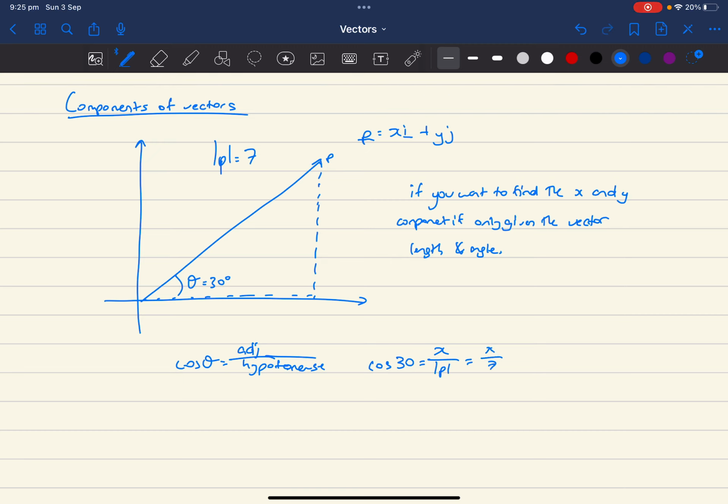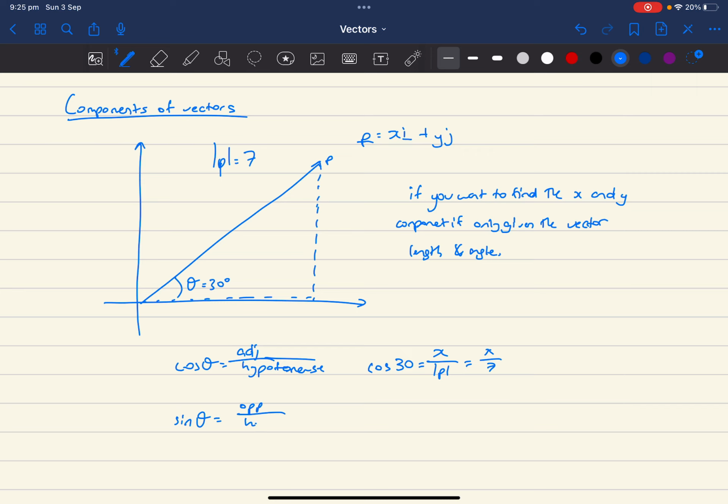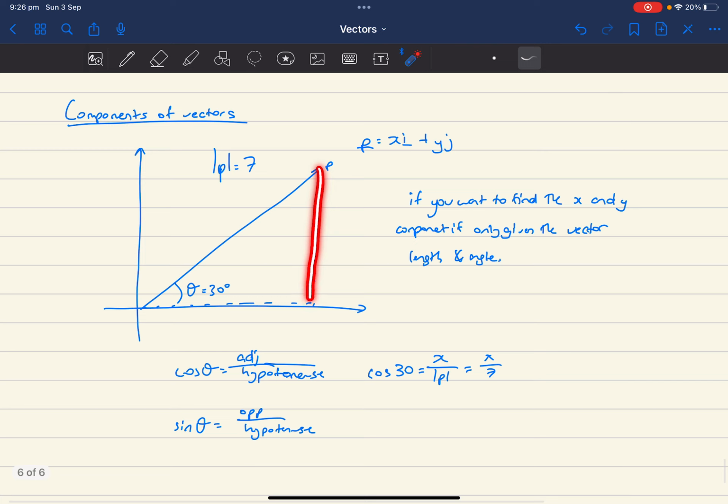And I can do the exact same thing for the y-coordinate, right? So if I know that sine theta equals opposite over hypotenuse, I can see that opposite is my y, hypotenuse is the length of p. So if I write sine 30 equals opposite, so y over p, I can see that equals y over 7, right?